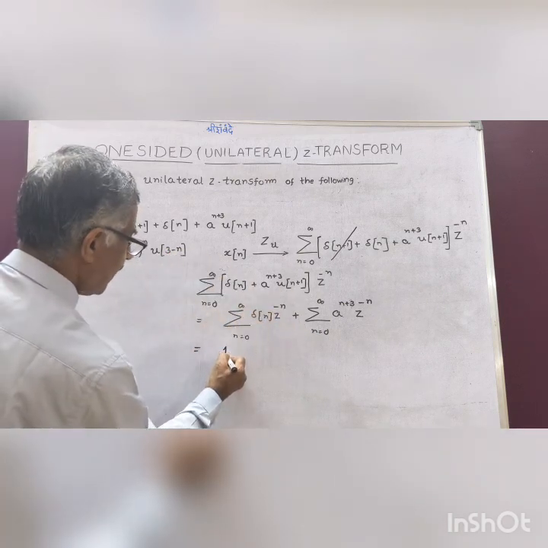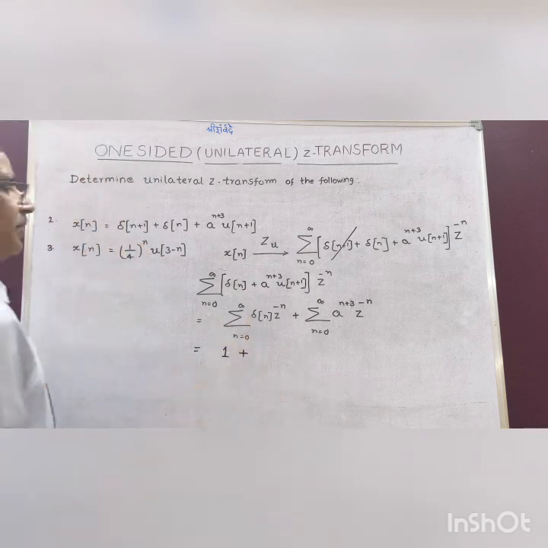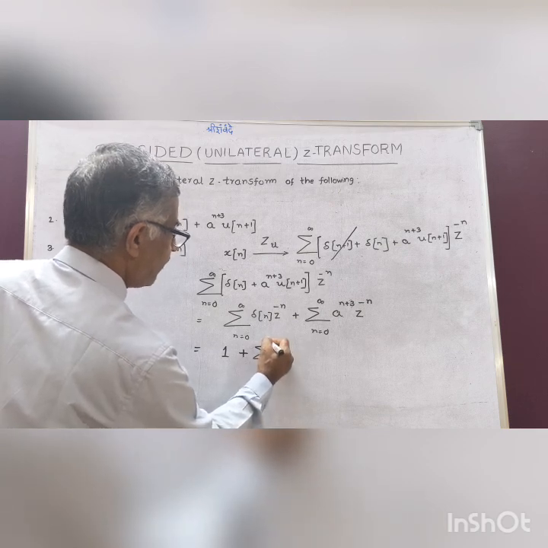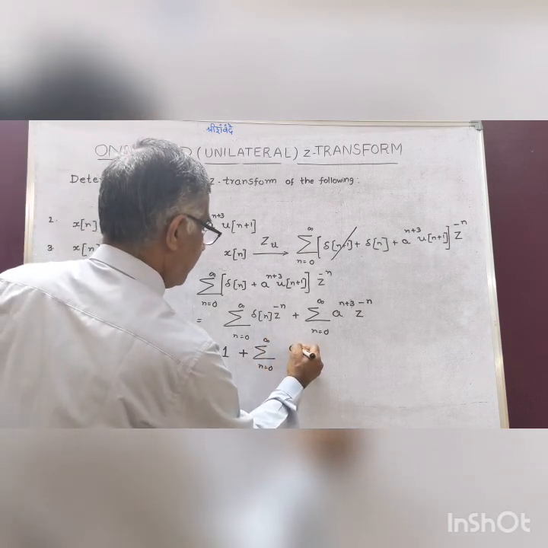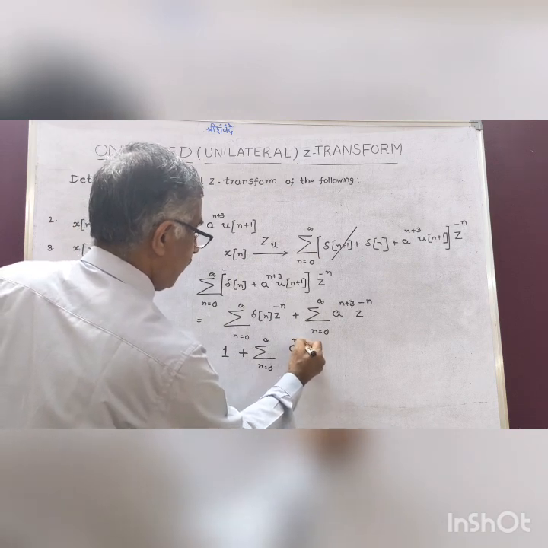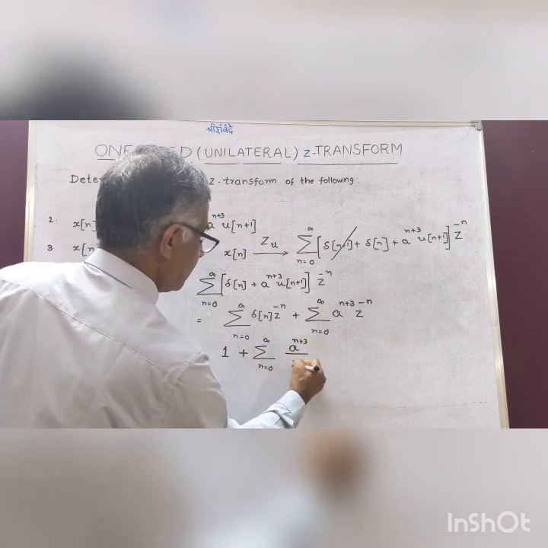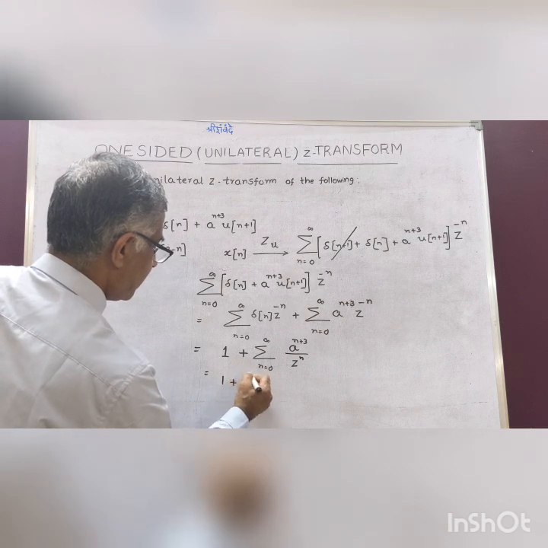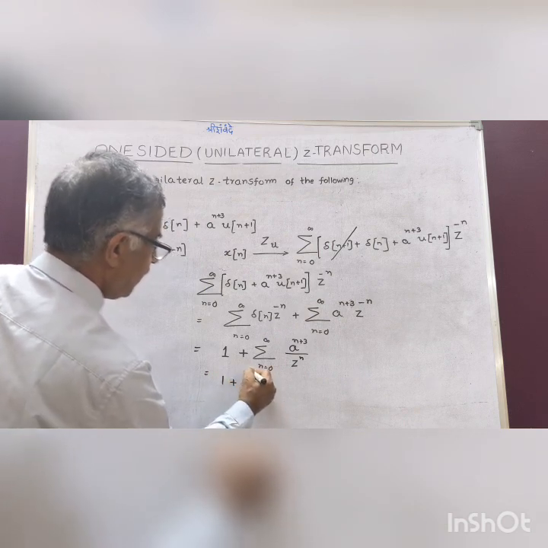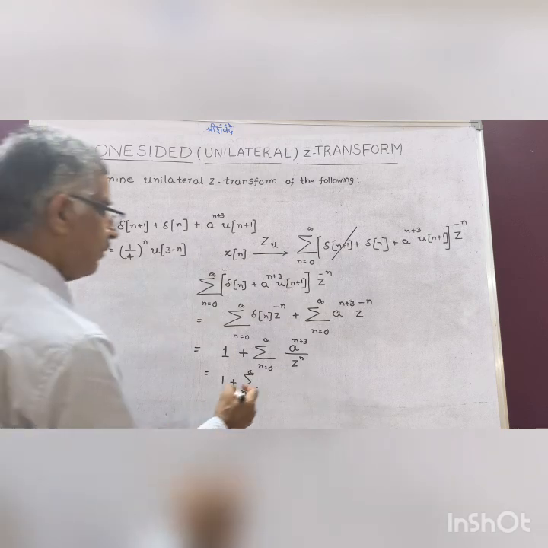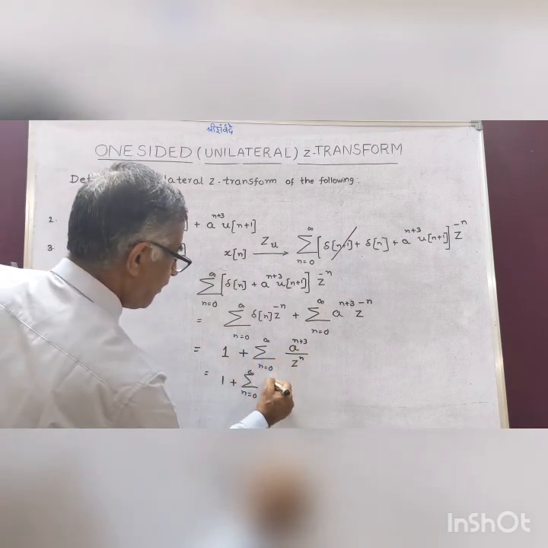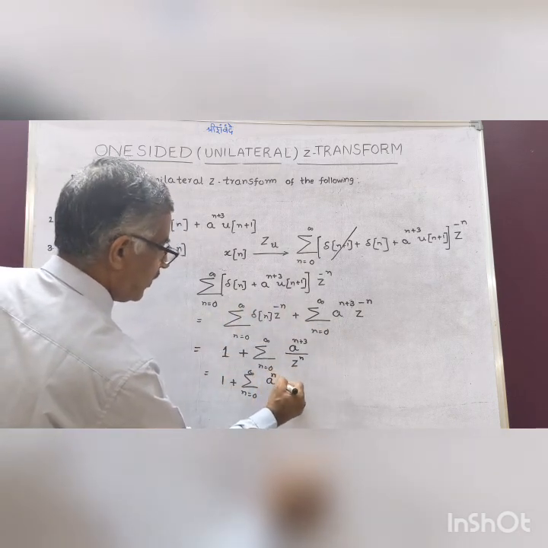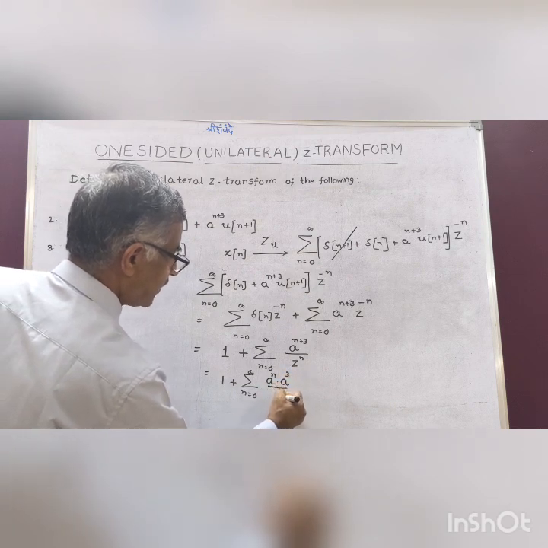Therefore, its value is 1. 1 plus the summation n equal to 0 to infinity of a to the power of n plus 3 by z to the power of n, that is 1 plus summation n equal to 0 to infinity, then split a to the power of n plus 3 as a to the power n into a to the power 3, divided by z to the power of n.